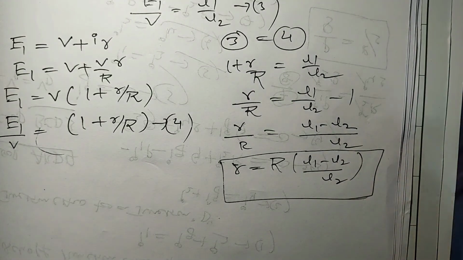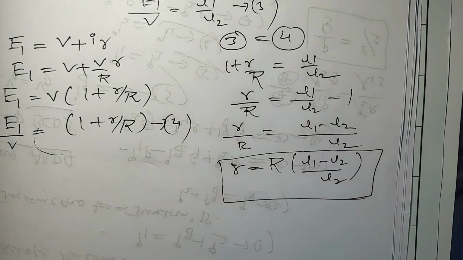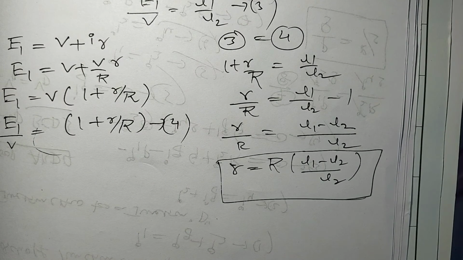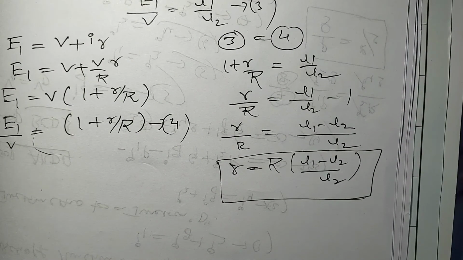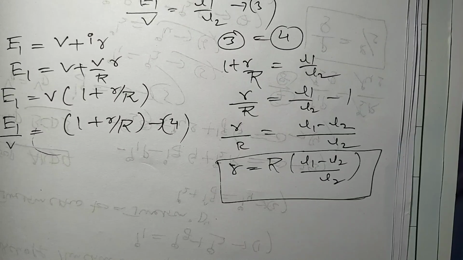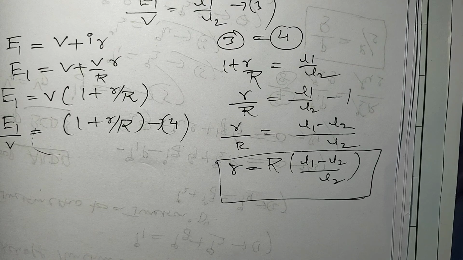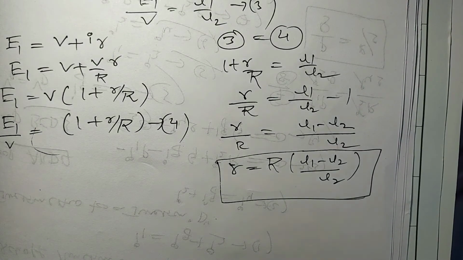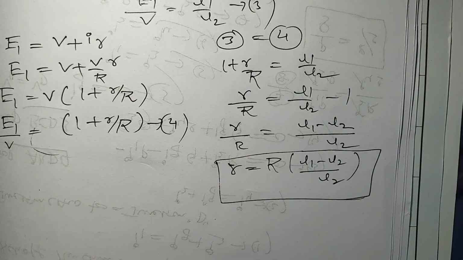So in the examination, how does the question ask? The question asks like this: what is the principle of the potentiometer, and by using this potentiometer, how can you find out, number one, how to compare the EMF of two given cells, or, in the second case, how to find the internal resistance of a given cell using the potentiometer.